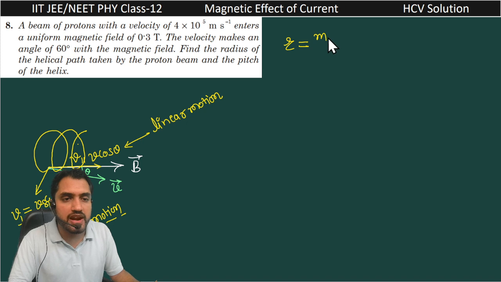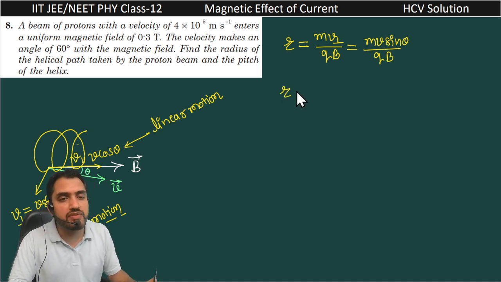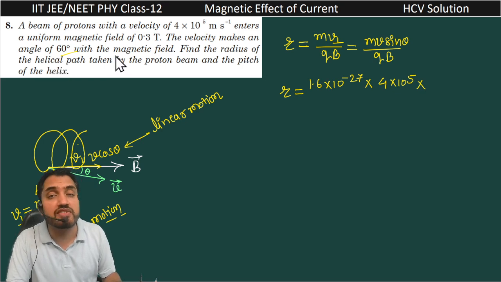So you can write m v perpendicular divided by qB. Already you know the formula for the radius. So you can write m v sin theta divided by qB. The mass of a proton is 1.6 × 10^-27 kg, the velocity is given as 4 × 10^5 meter per second, and sin 60 degrees, because the velocity makes an angle of 60 degrees with the magnetic field.